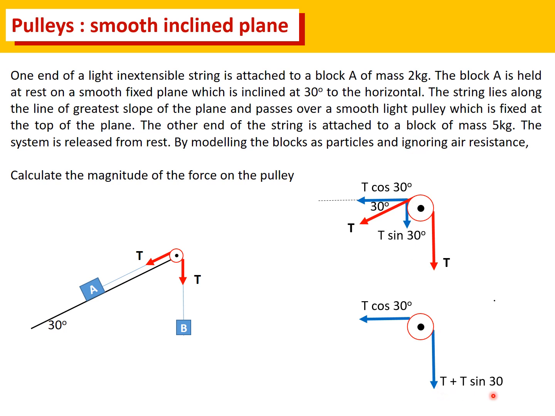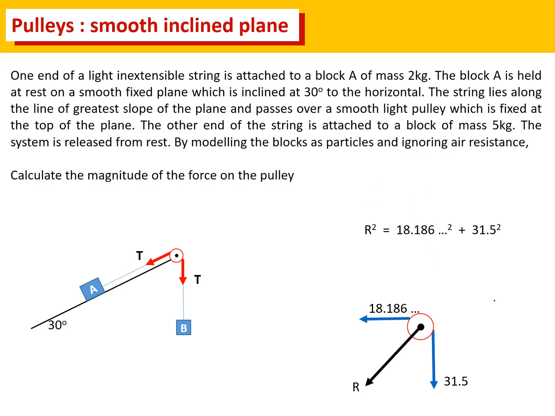So that gives us T plus T sine 30, and that equals 1.5T. Substituting our value for T into those components gives us that. And so using Pythagoras, 36.4 newtons is the magnitude of the force on the pulley.